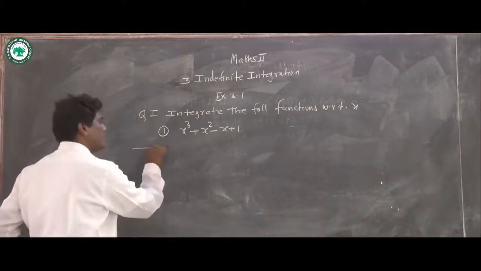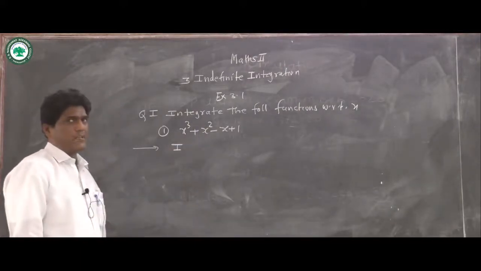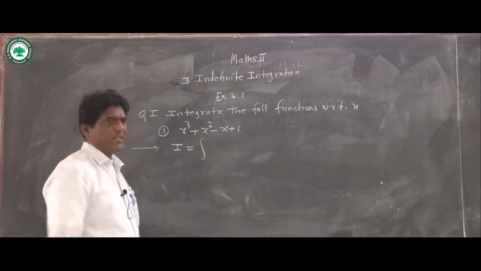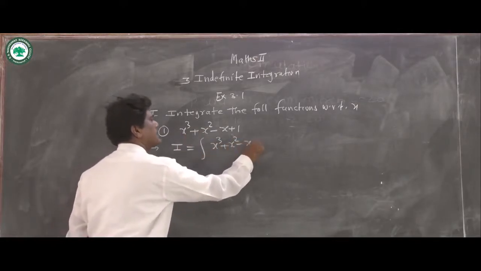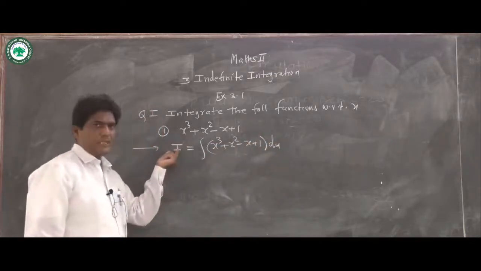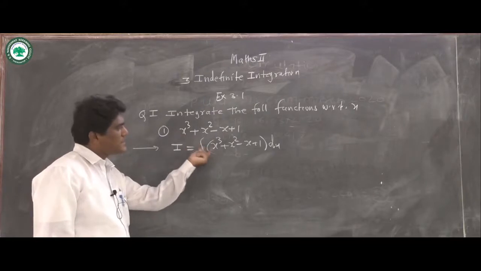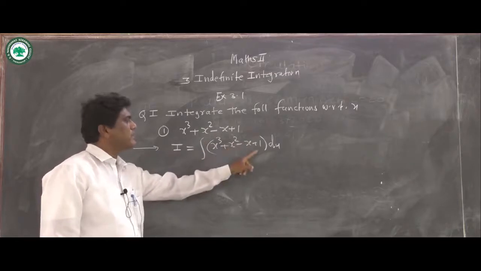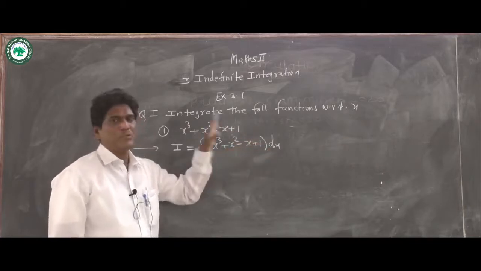We consider the given problem as I. So I is equal to the integration sign, then we write the problem x cube plus x square minus x plus 1, and after writing the problem we put dx, because we integrate this function with respect to x.